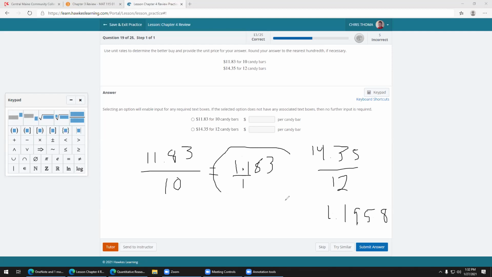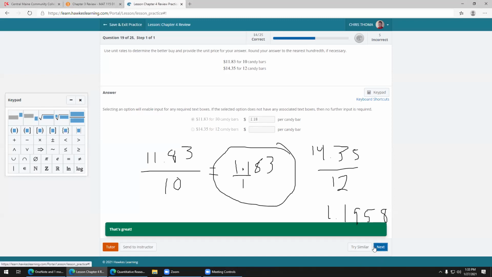So this candy bar is a little bit cheaper. So when I type my answer in, I make sure I type it in as a number. So this one is actually cheaper at $1.18 per candy bar. Right, so this is a unit rate problem. And anytime you deal with a unit rate, you get the bottom number, the denominator, to be 1.